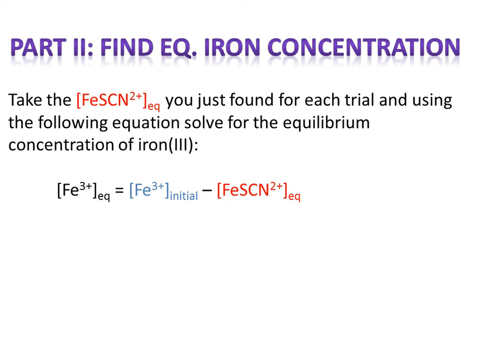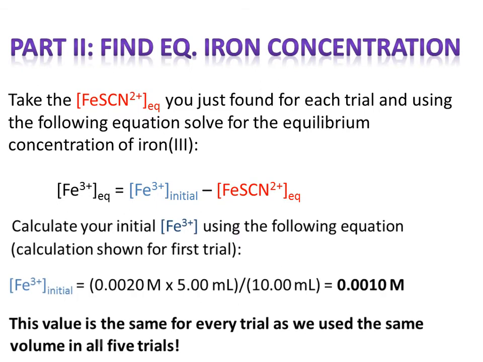We also need equilibrium iron concentrations. So in the equation below, we can calculate, once we have our iron thiocyanate equilibrium concentrations, our iron equilibrium concentrations. Okay, the values that we found for trials 1 through 5 for our equilibrium iron thiocyanate concentrations are found in red in the equation below. We'll solve this once for each of the 5 trials. But we also need the initial concentration of iron that we started out with. That's shown in blue below. And we're going to calculate this using the equation.